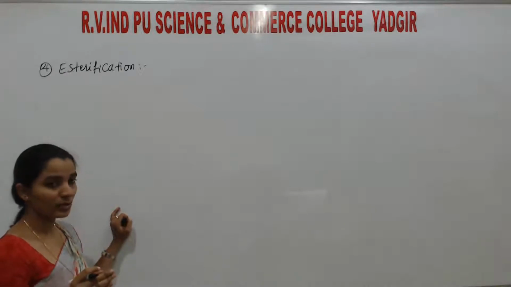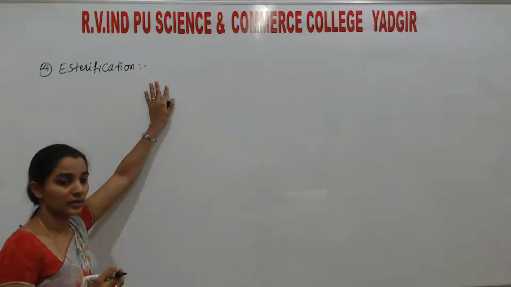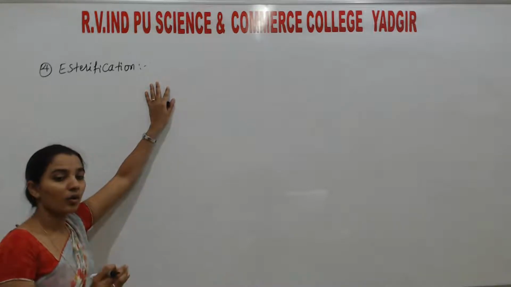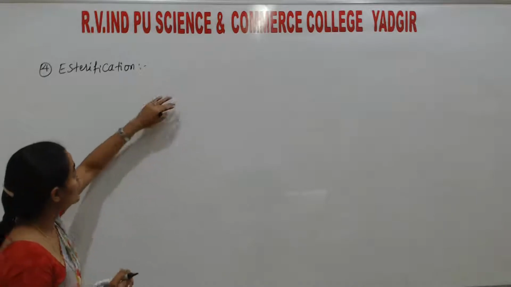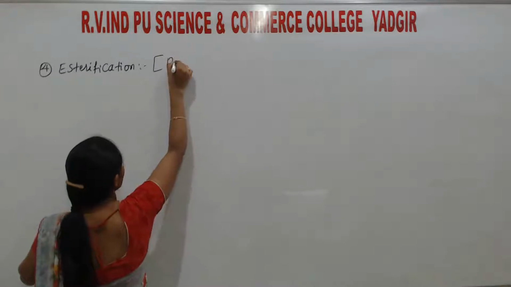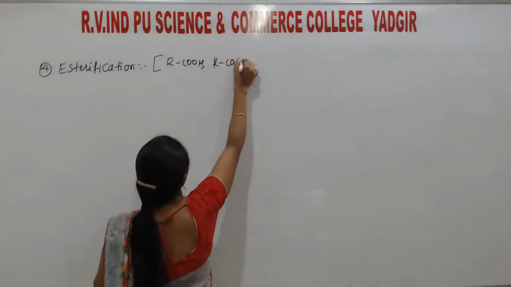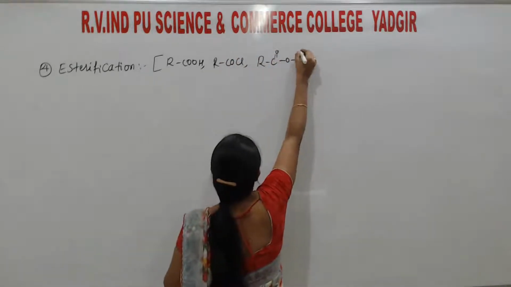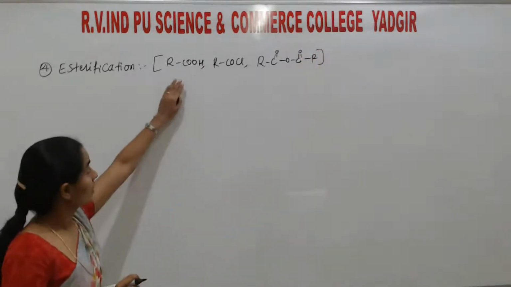Before starting, a quick repetition. Esterification means formation of esters, using the reagent alcohol. Along with alcohol, you may consider carboxylic acid, or acid chloride, or acid anhydride as a reagent.